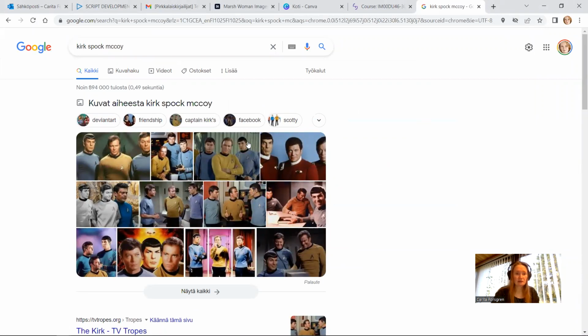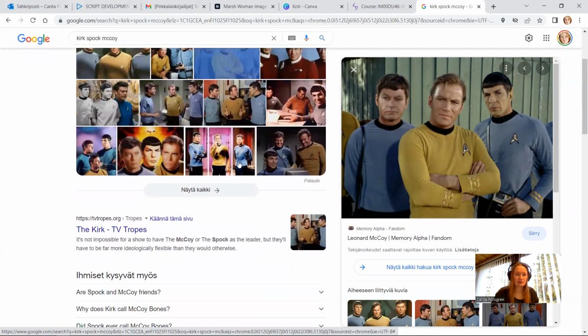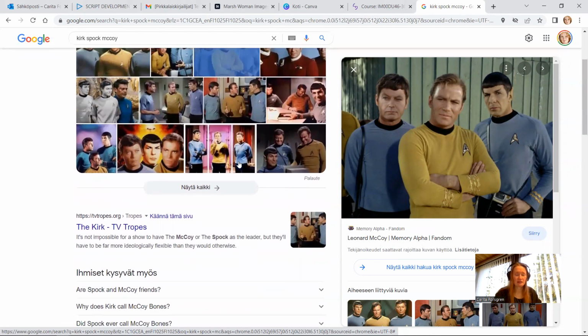Yeah, they look almost similar, actually. Which is kind of weird, but maybe not when you think that they are actually almost the same character, but three different parts of the same character.